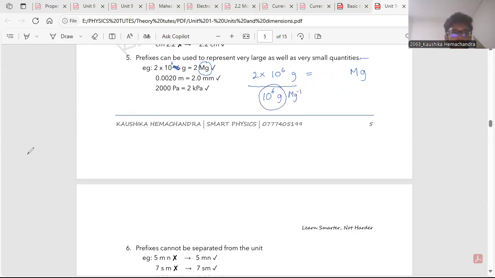This much of grams are there in 1 megagram. So this gets cut with this. Per megagram comes up, it becomes megagram. 2 megagrams. I'm using these three as examples so that it will be easier for you.